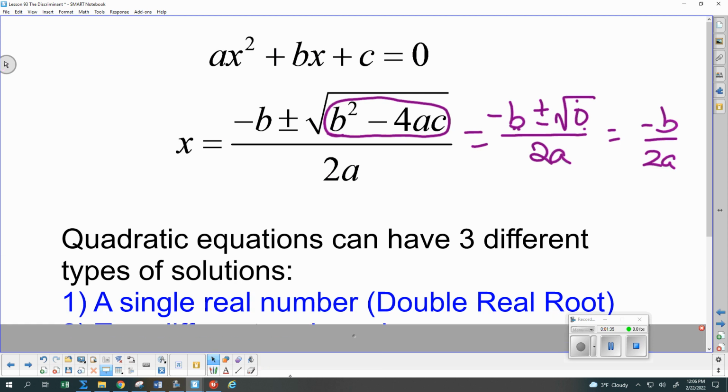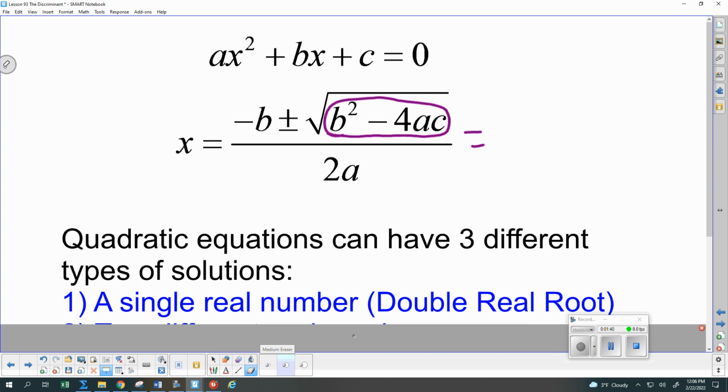Now, another thing we've seen that sometimes happens is we start plugging into all of that, and we get the opposite of b plus or minus the square root of some positive number over 2a. So now we've got the square root of something positive.